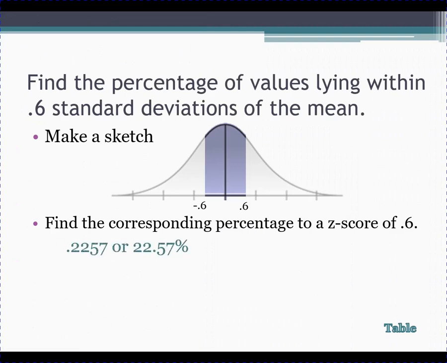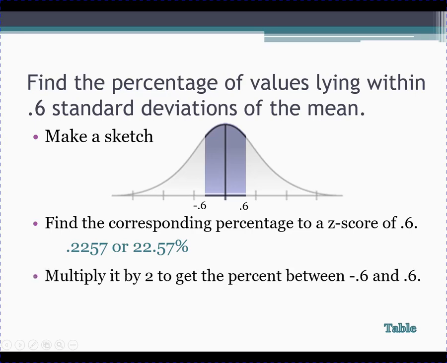But then we need to double it, because that 0.2257, or 22.57%, gives me this half, so we're going to have to double it to give us both parts. So we get 45.14%.